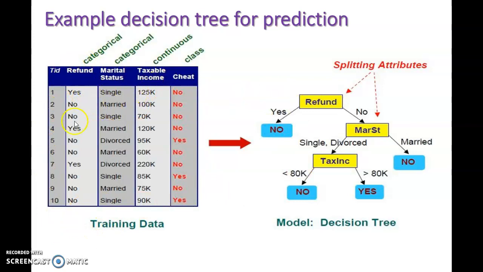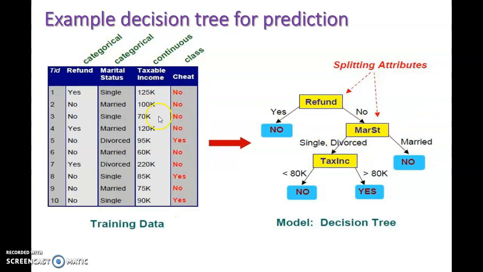Suppose here is the entire data set, and in refund there is only yes or no. So here the splitting attribute is refund, yes or no, which means your data set is split into two categories, yes as well as no. Then marital status: again this data set is split into categories, single, divorced or married.